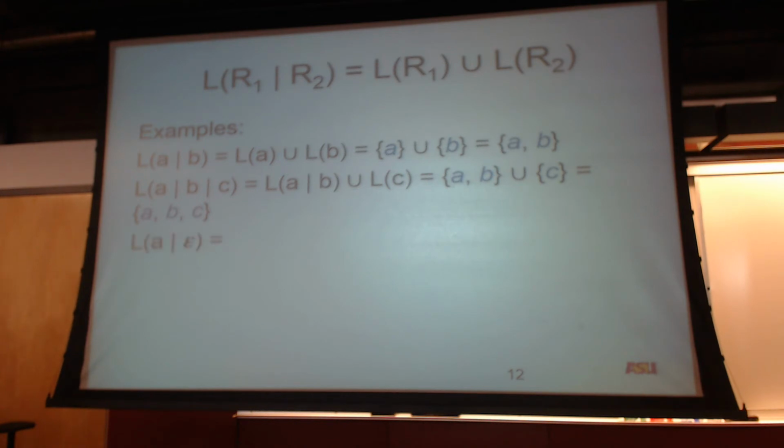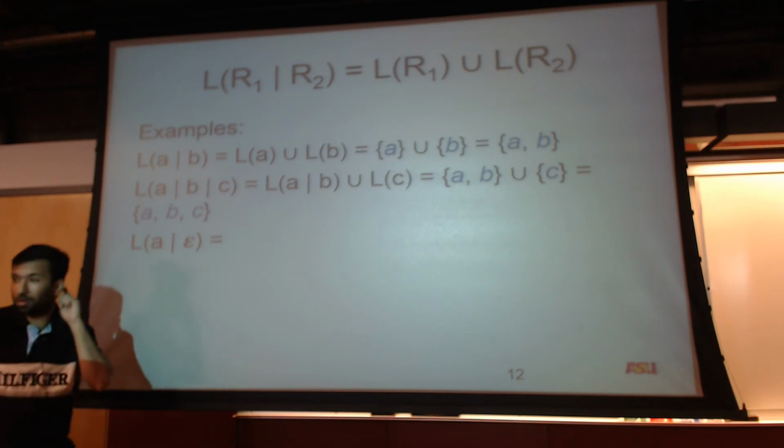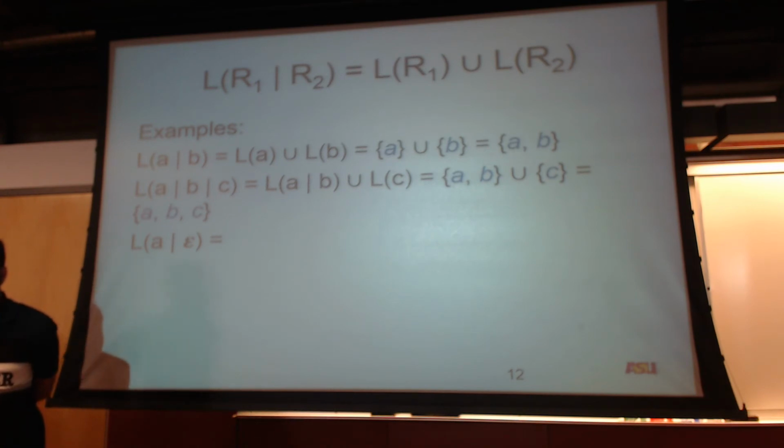What does this say? It's a set containing A and epsilon. Is it the same as language of A? LA? No. Why not? Because epsilon is a separate string.